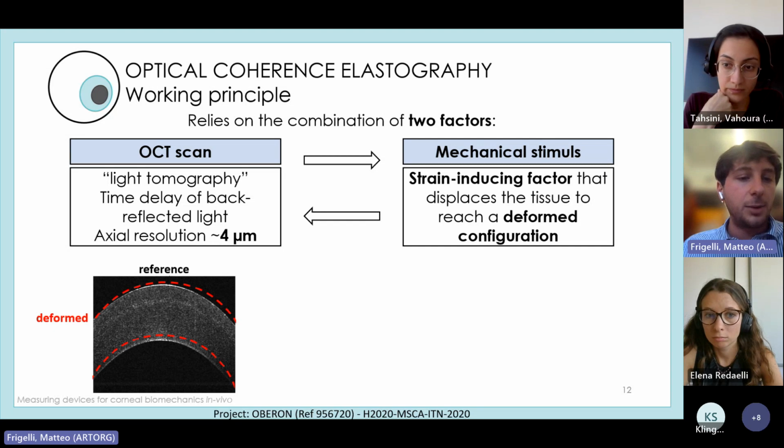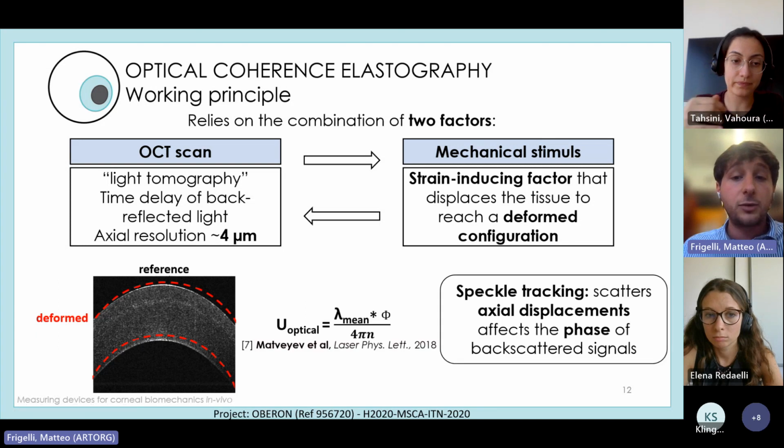So we will end up having two OCT scans, a reference one and a deformed scan. And we can therefore track all the speckles of these two scans. It's been shown that the axial displacement of the scatterers is related to the phase of this OCT signal.